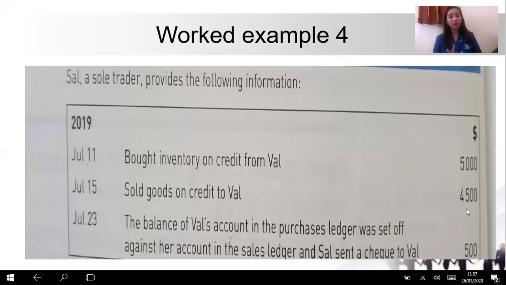The first time our bill is 5,000, and then we decrease the bill because FAL must pay for the goods, about 4,500. So instead of paying 5,000, we only pay about 500. In accounting, it's called a set off, and this is how we make it.